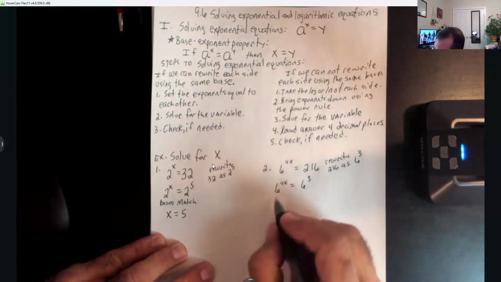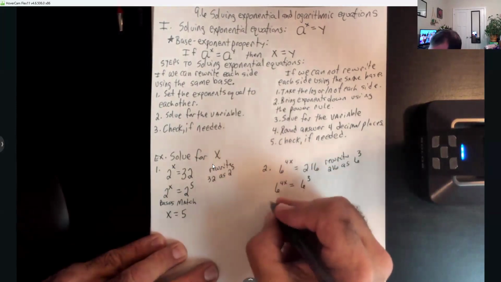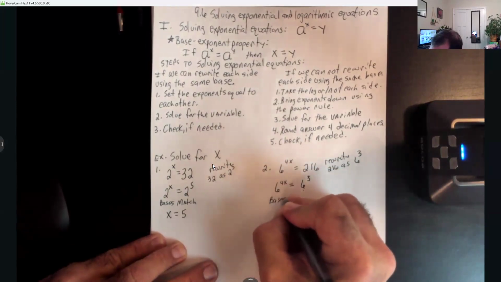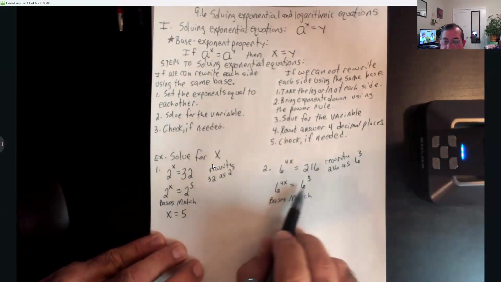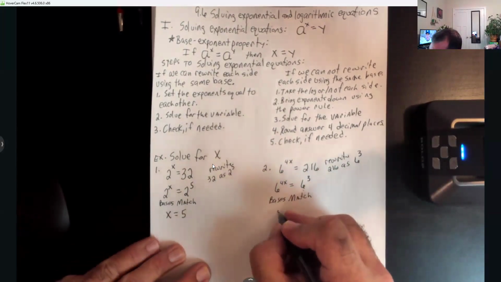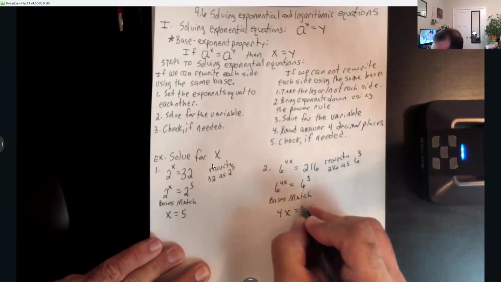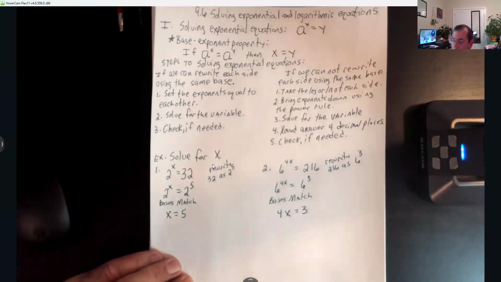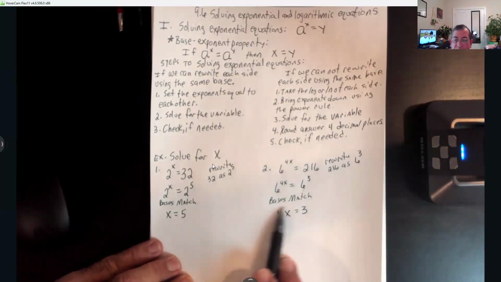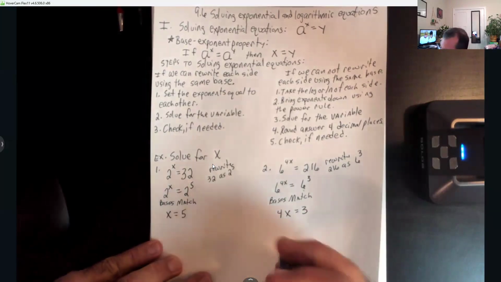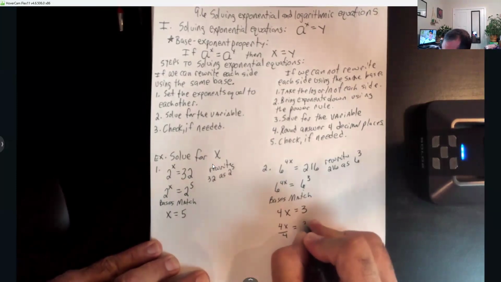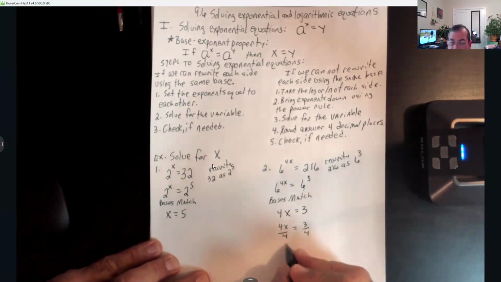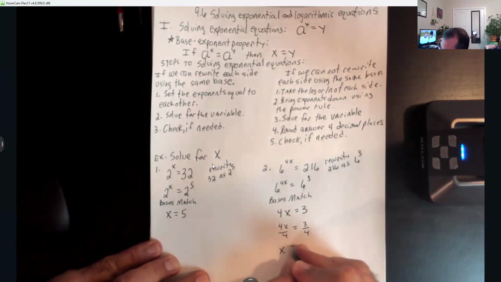Well, y'all look at that. These 6's match, so my bases match. So that means 4x equals 3. So y'all, on this one, I have one more step. I need to make that a 1x, so I'm going to divide both sides by 4, because 4 divided by 4 gives me 1x.